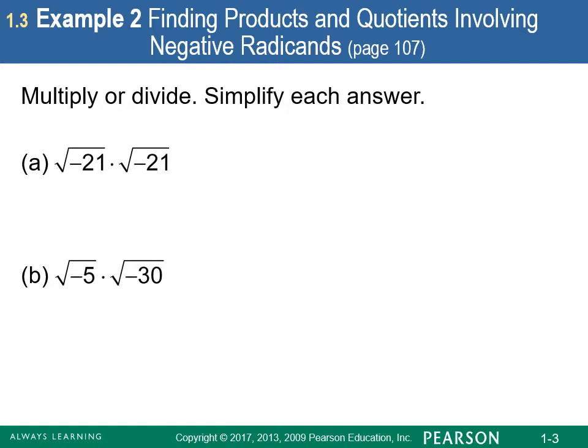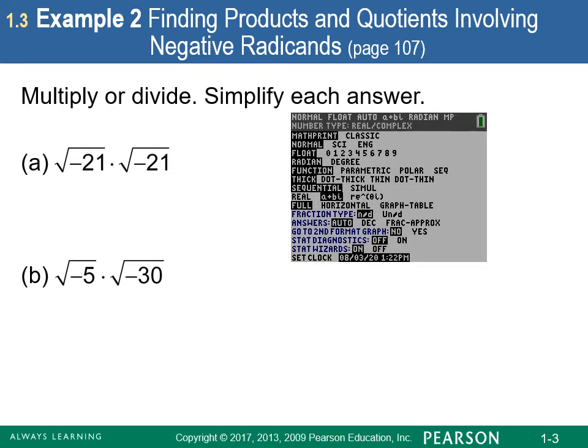The best way of doing calculations involving complex numbers is to use your calculator. In order to use your calculator, you need to first set it up. So on your calculator, if you push the button that says Mode, that's near the top, right next to the key that says Second, you'll notice that you have a line that starts with REAL.